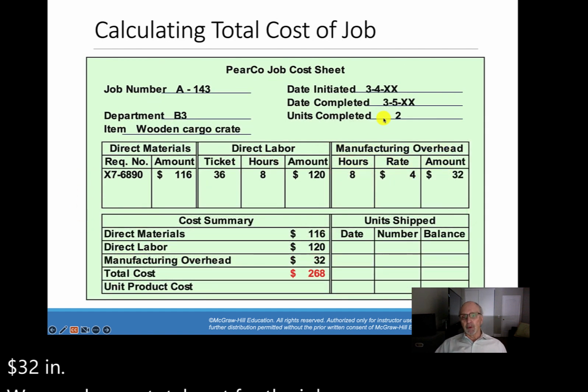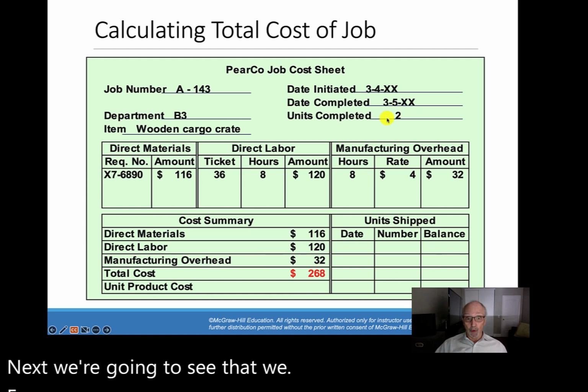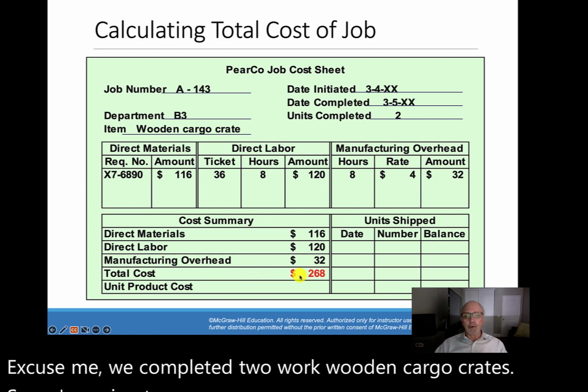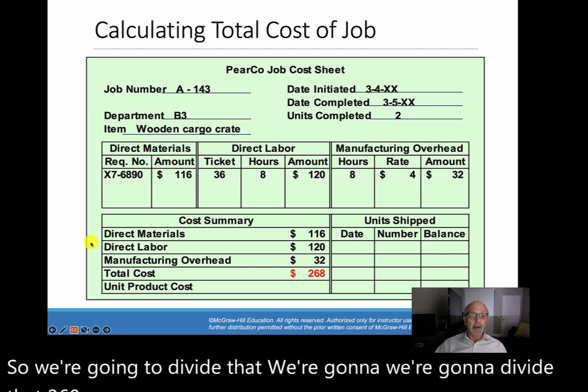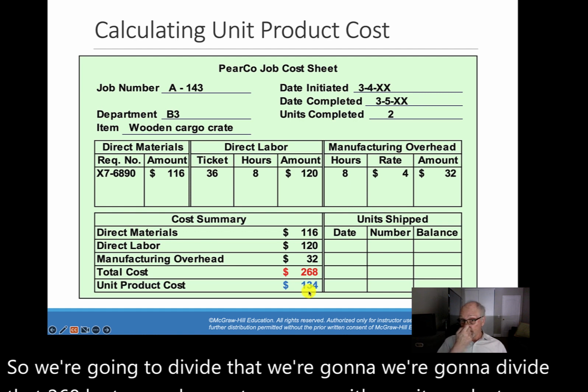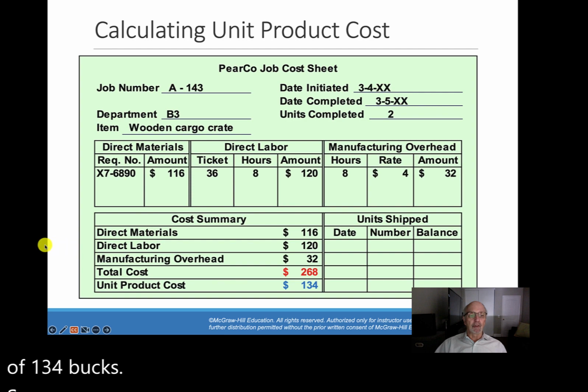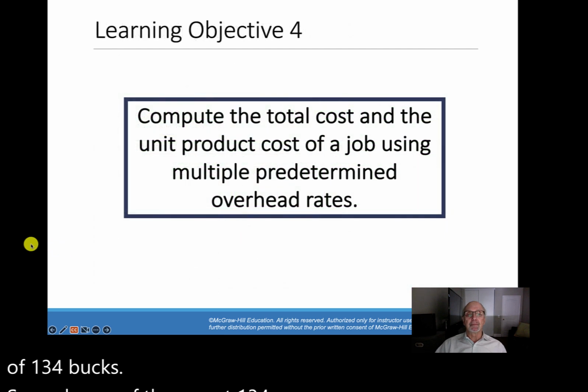Next, we're going to see that we completed 2 wooden cargo crates. So we're going to divide that 268 by 2, and we come up with a unit product cost of $134. So each one of them cost $134.